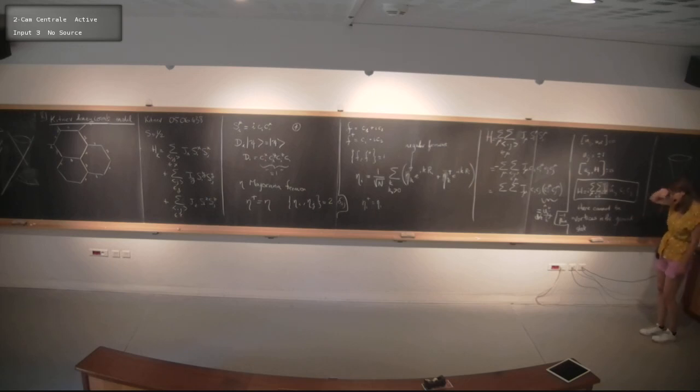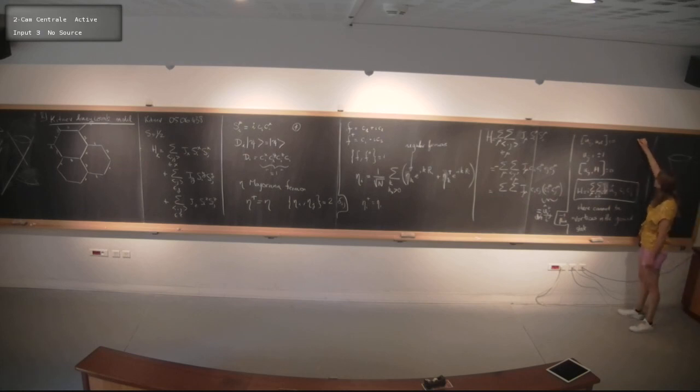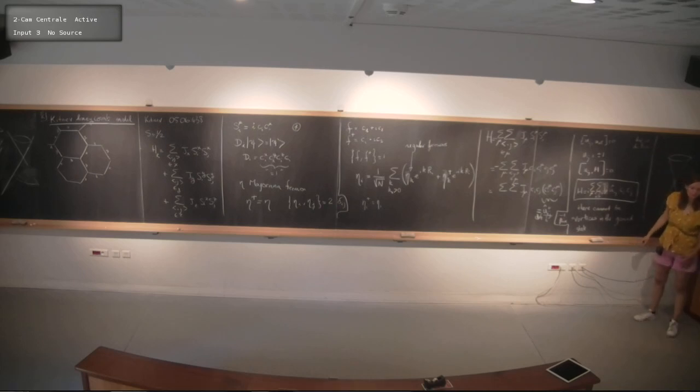But what you could see, I mean, it's not the same. But for example, in electromagnetism, we know that divergence of E and divergence of B are zero in the ground state.